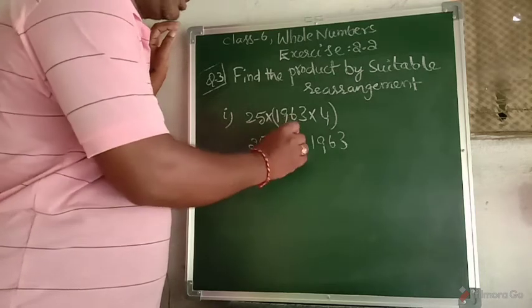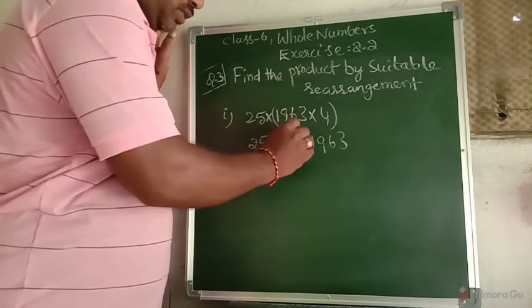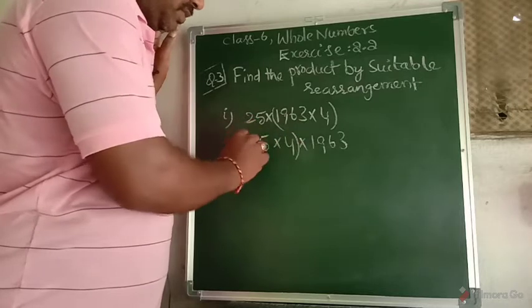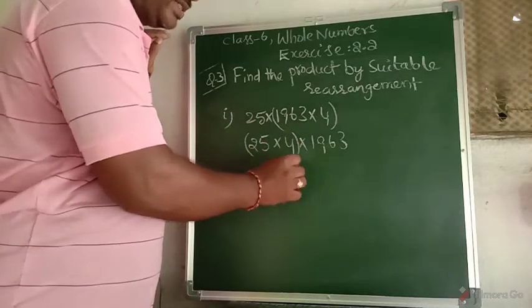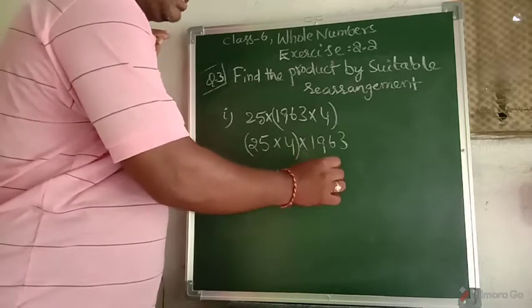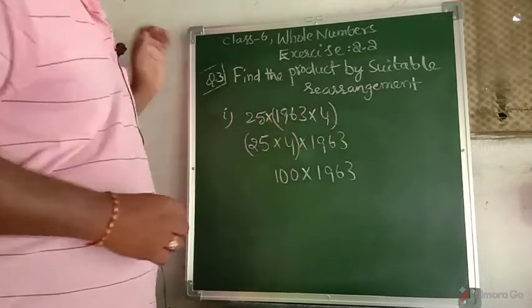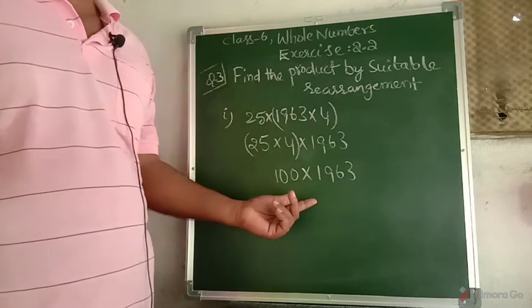By using the associative property, 25 into 4 is equal to 100 into 1963.